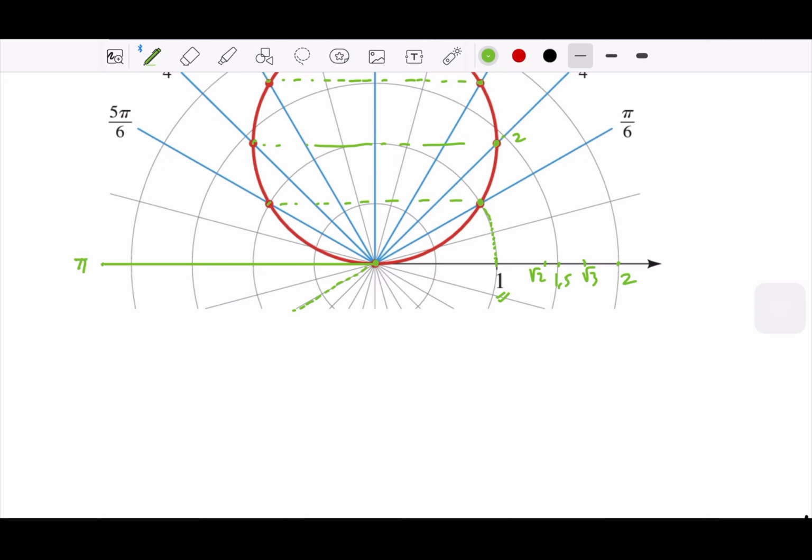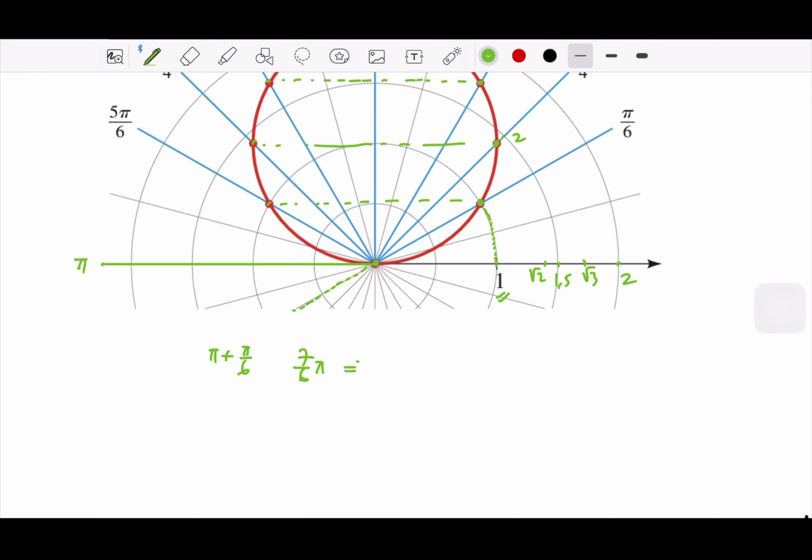This should be pi plus pi over 6, right? Or we could say that this will be 7 over 6 pi.